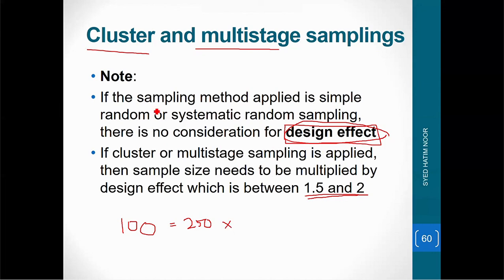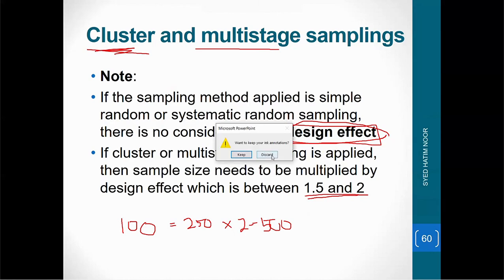You are using cluster sampling, so I choose 2. Your sample size will be 500. If you use cluster or multi-stage, your sample size will be very big. So that's what it means by design effect. If you see from your PS just now, design effect.